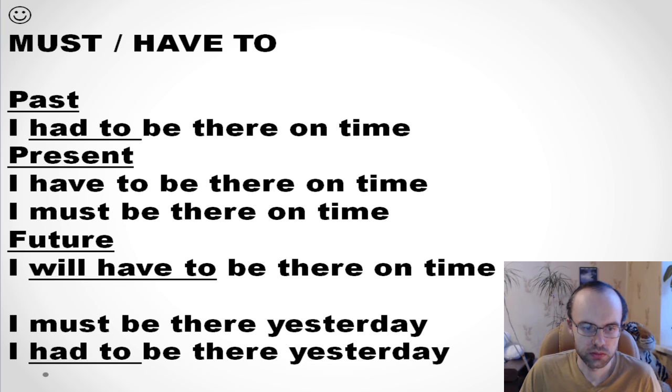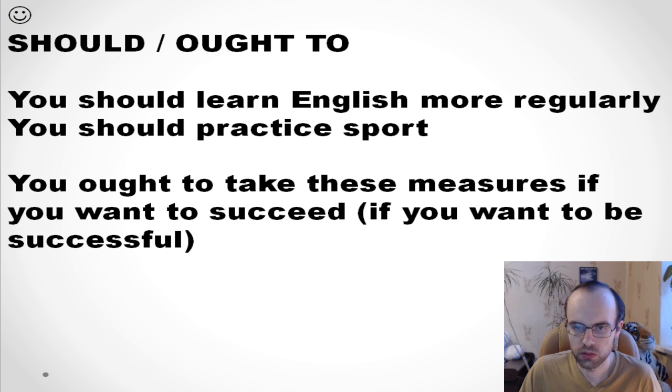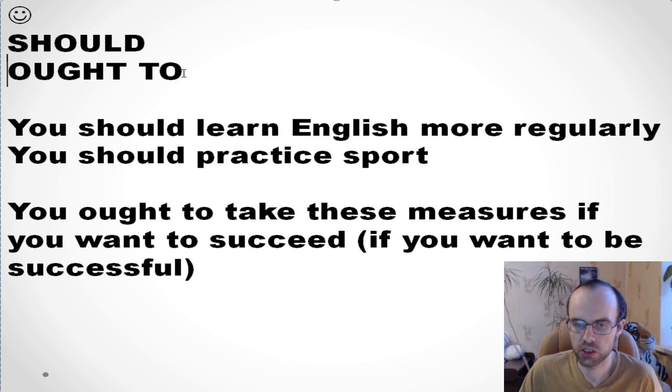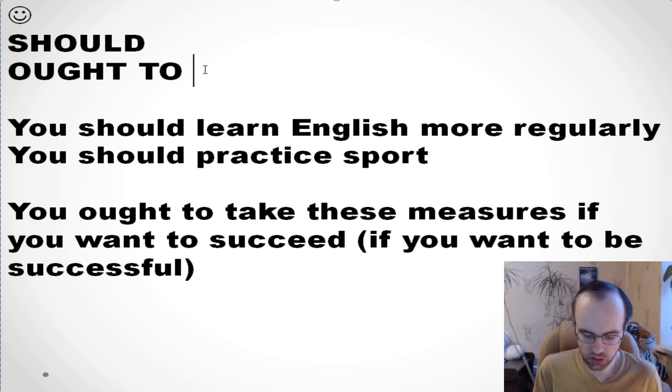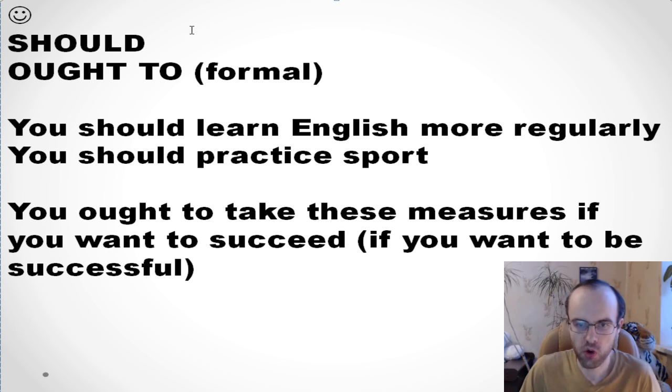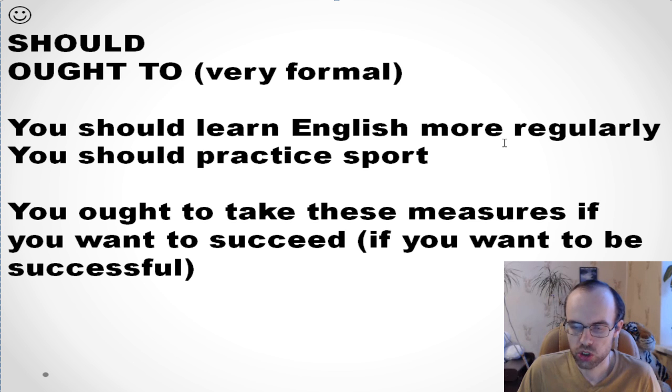Next, should or ought to. So when we give some advice, we use should or ought to. So should without to and ought with to. But you know, ought to is very formal. Look, you should learn English more regularly.